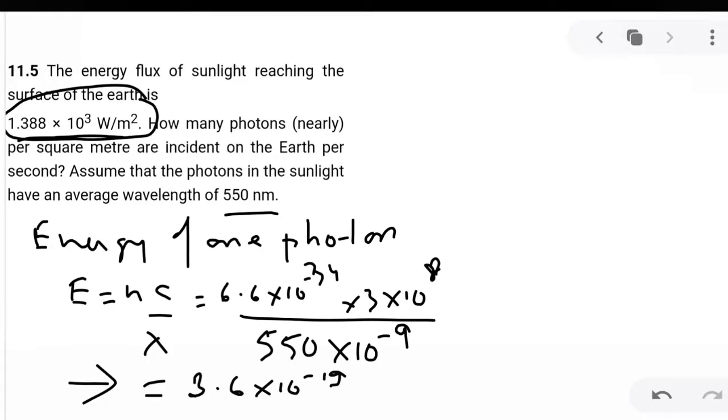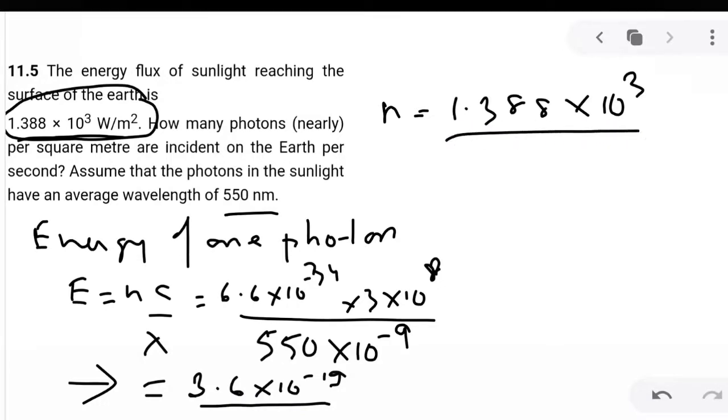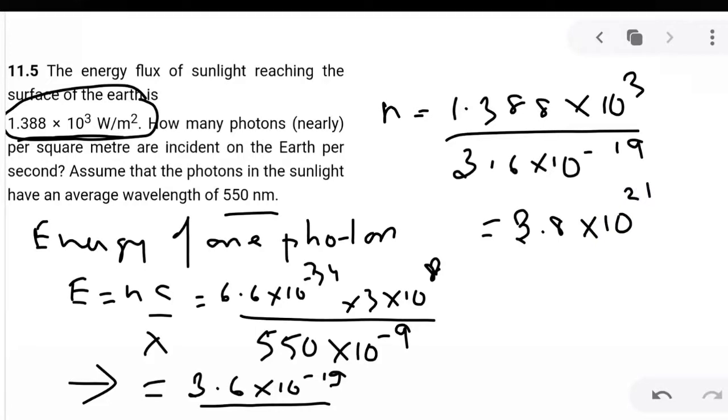So the number of photons n is equal to 1.388 into 10 power 3, watt per meter square, that is energy per second per square meter, divided by the energy of one photon, 3.6 into 10 power minus 19. If you simplify this, you will get the answer as 3.8 into 10 power 21 photons per square meter.